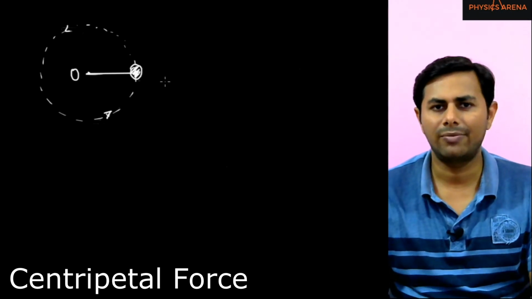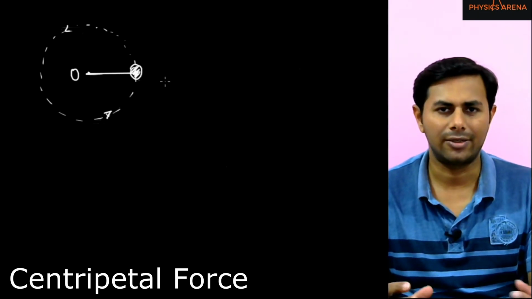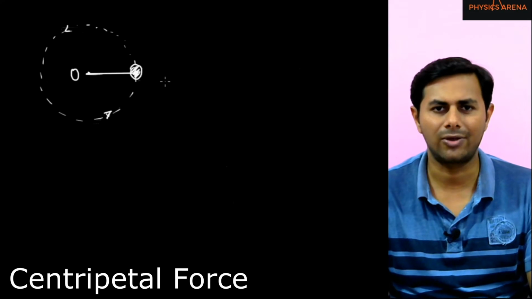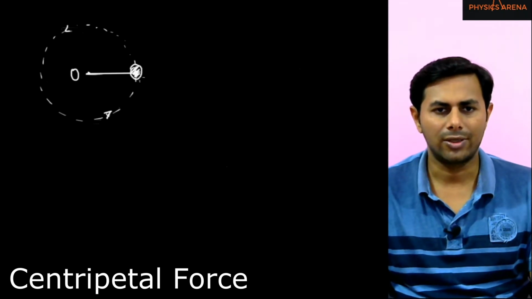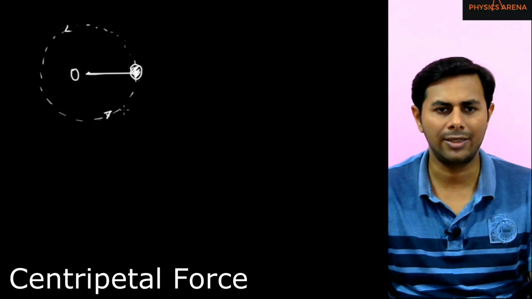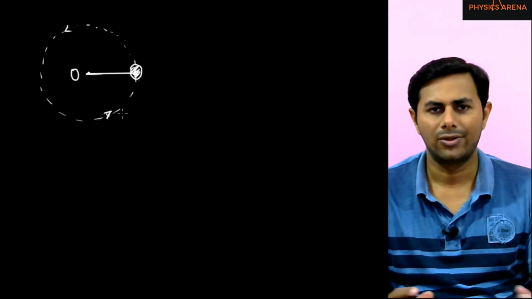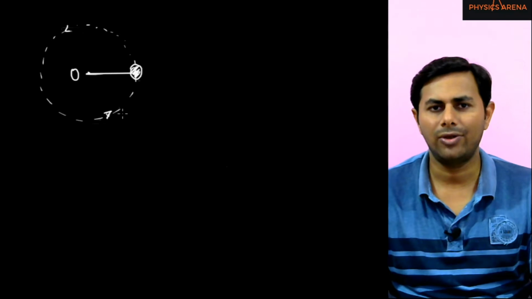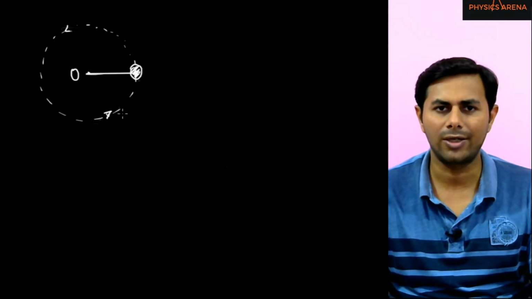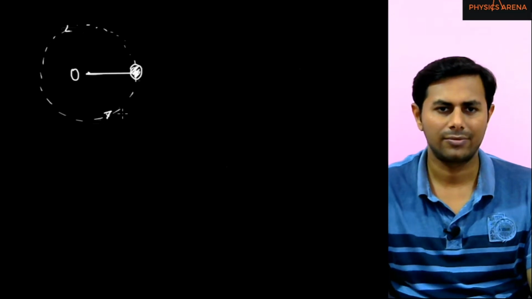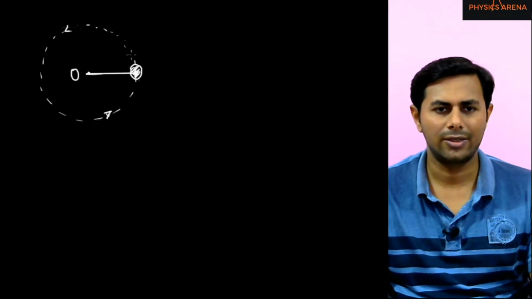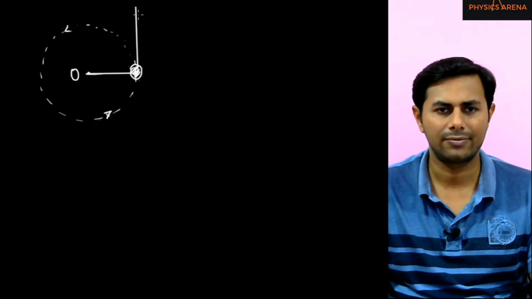So we studied about the centripetal acceleration in previous lectures. Let's recall it. Suppose this is an object performing circular motion in anticlockwise sense. We know that the velocity of an object performing circular motion is always directed tangential to its path. So for this object, the velocity at this point will be directed like this.